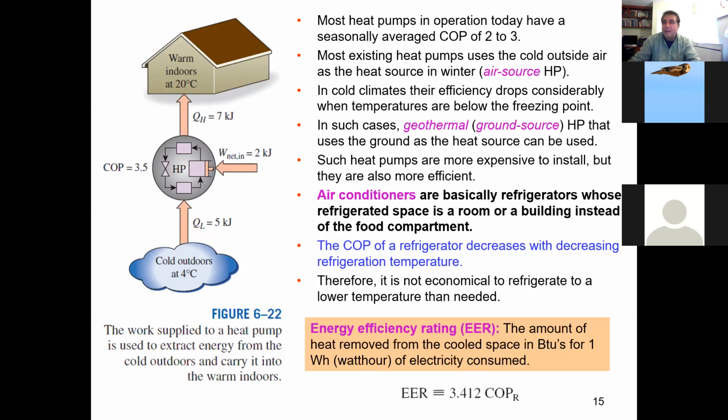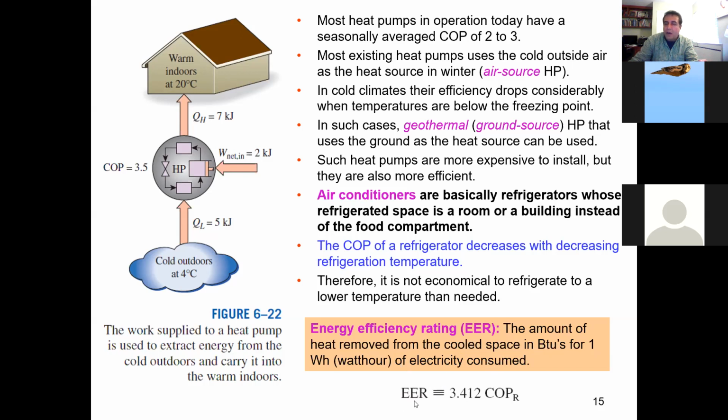Okay, so anyway, the energy efficiency rating, EER, is the amount of heat removed from the cooled space in BTU for 1 watt hour. This comes down to the cost of the amount of electricity consumed.